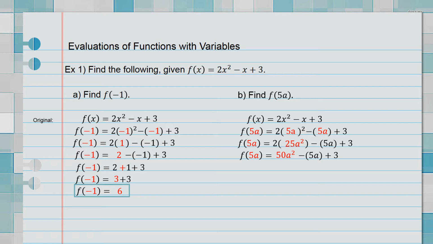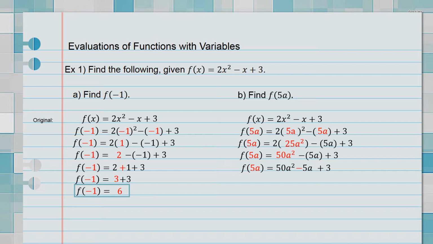Now from here, there is multiplication in the form of, because we still have the parentheses around the 5a, you could interpret that as a negative times a positive, or the opposite of 5a, which does give us negative 5a, and everything else comes down exactly as you see it.